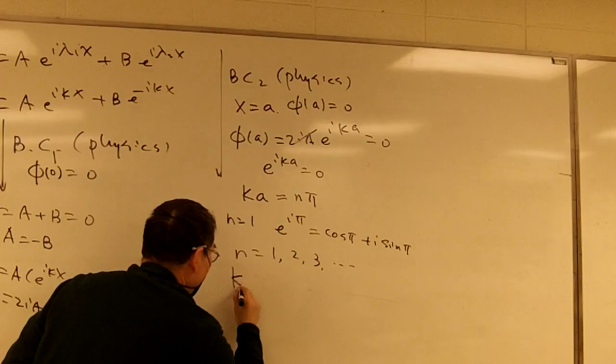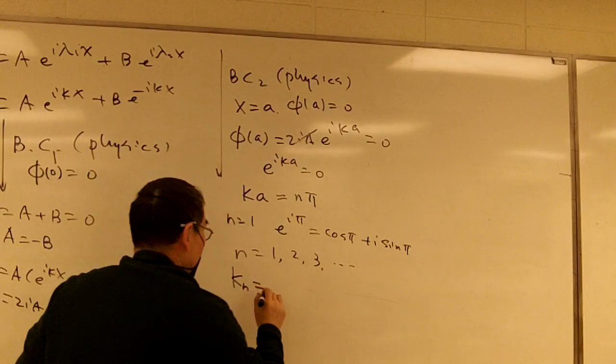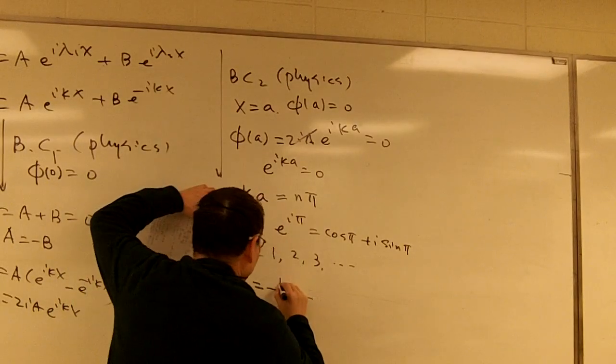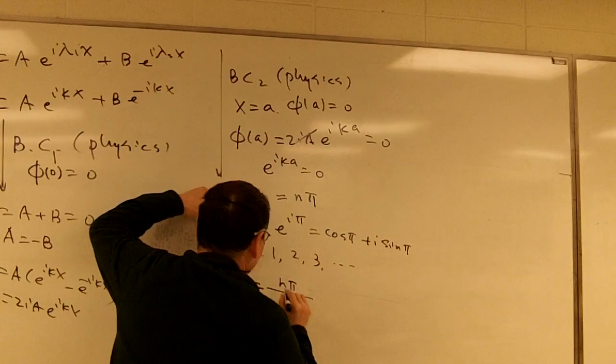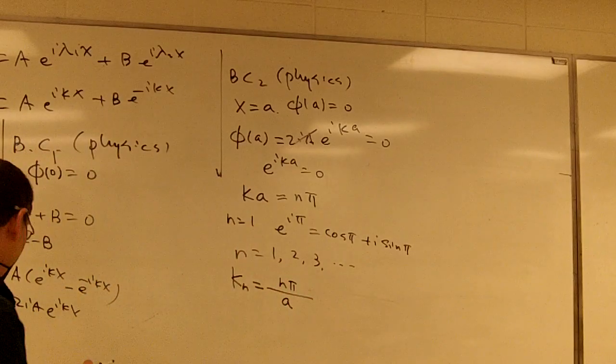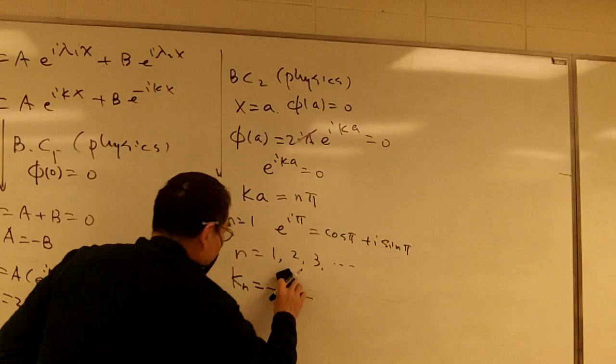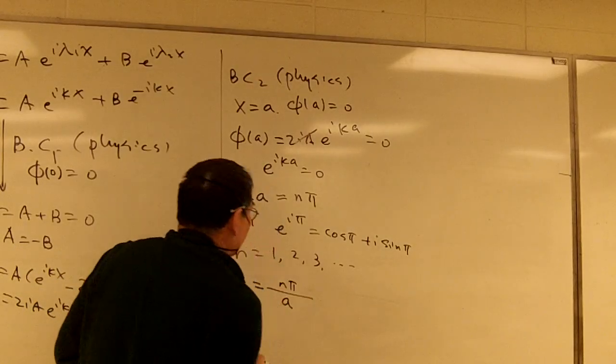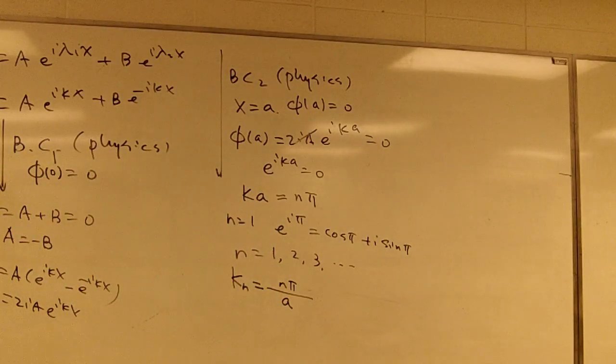So now my k is going to be written like this: n pi divided by a. I should write n a little bit better, so this n pi like this. So this essentially gives us the answer for our calculation, the one which we got over here.